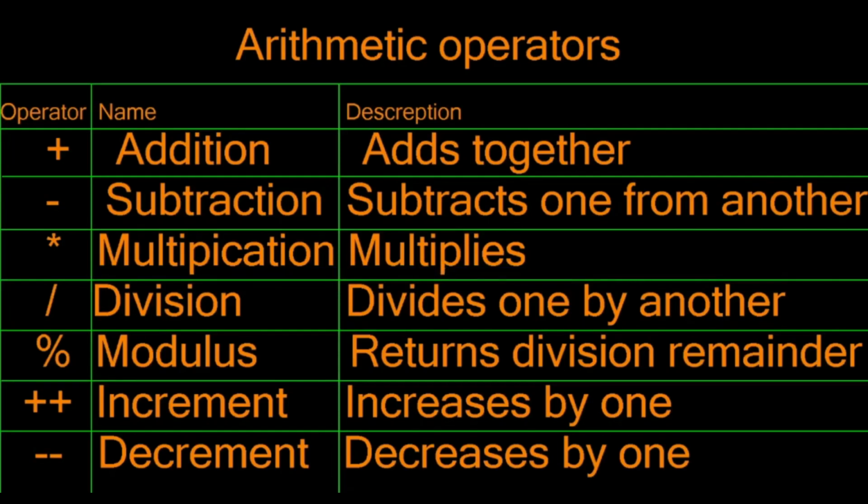Then we have division, and it divides one value by another one and makes some result of the division. Then we have the modulus operator, which returns a division remainder as a result.